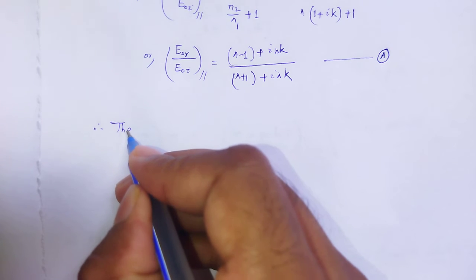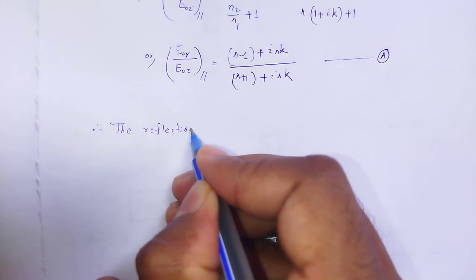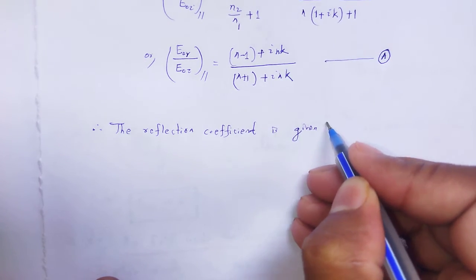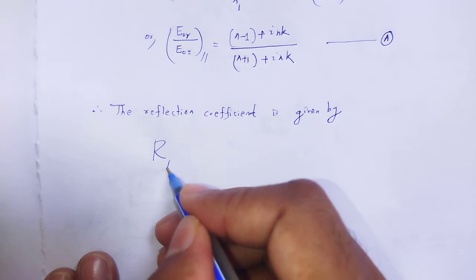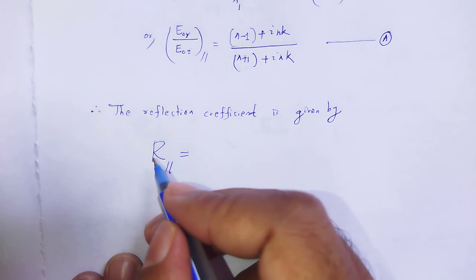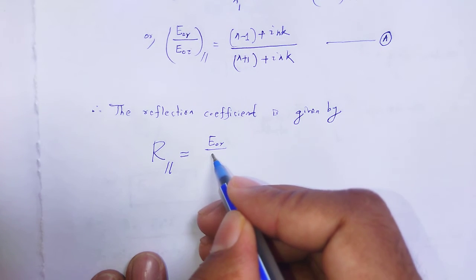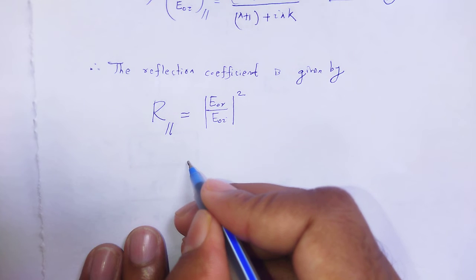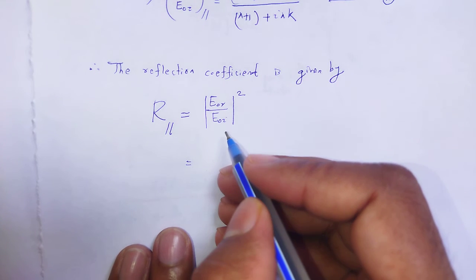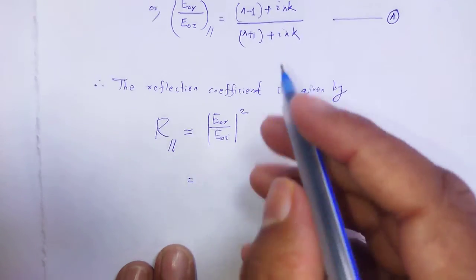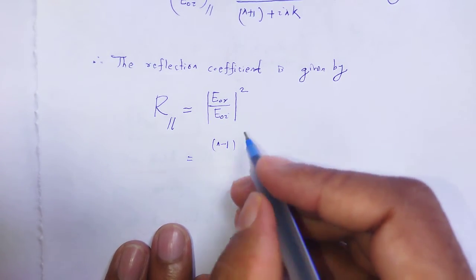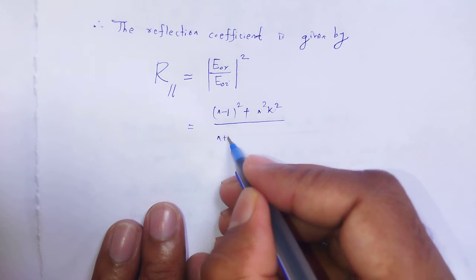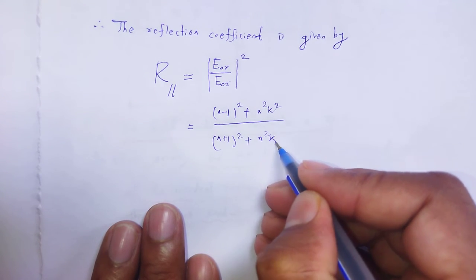Therefore, the reflection coefficient R at that parallel situation, means the E vector is parallel to the plane of incidence, is given by E over divided by E y magnitude square, that is n minus 1 square plus n square k square divided by n plus 1 square plus n square k square.